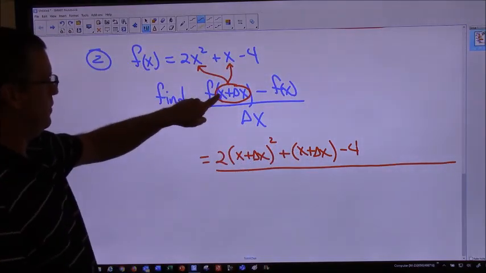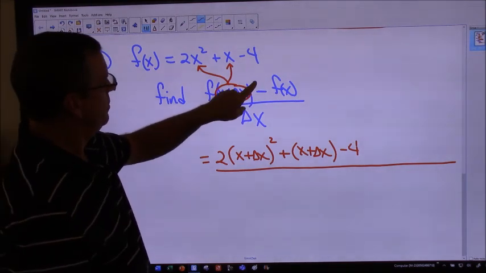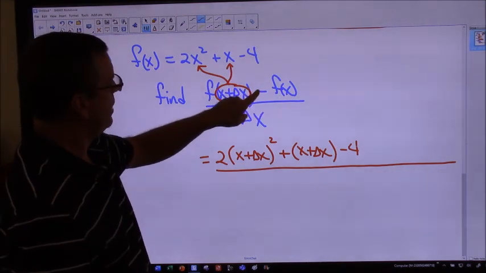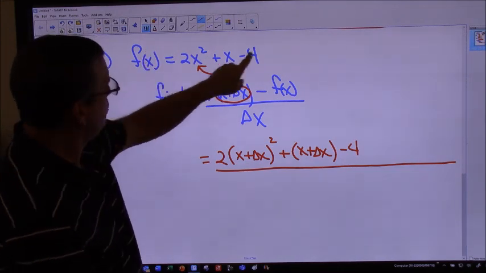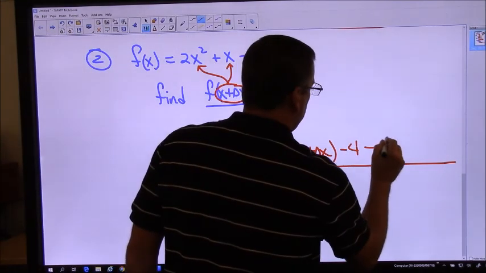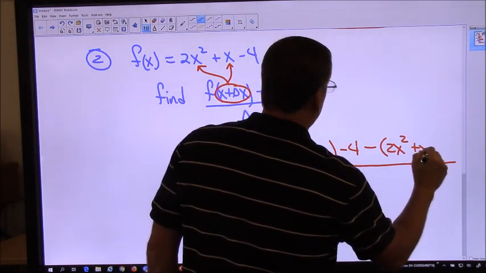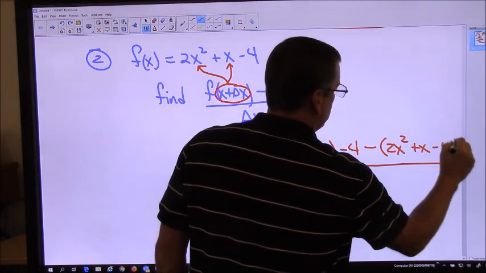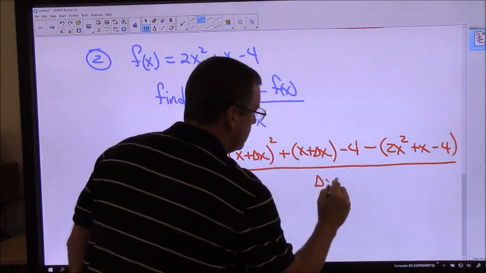So far I've only done this. I haven't done anything else. This says minus f of x, which means I need to subtract what f of x is equal to. So minus 2x squared plus x minus 4. Divide the whole thing by delta x.